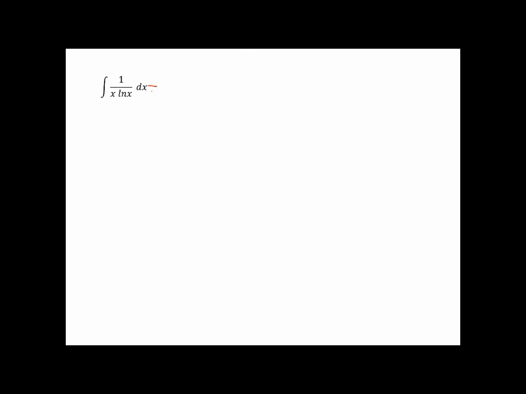For this one, I want to rewrite it into 1 over x multiplied by 1 over ln x dx. So this is clear. I see natural log x, and I know the derivative of it is 1 over x dx, which is here.